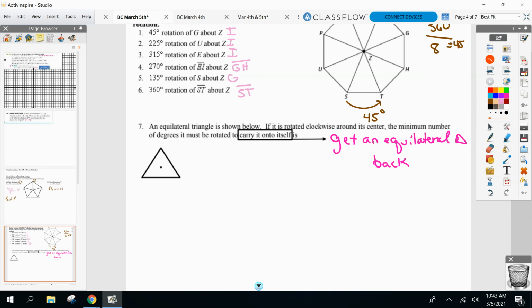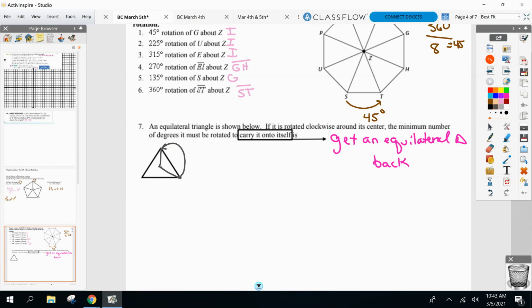So let's think here. How many degrees would it take me to go from this vertex to that one? Because if I just go from that one to that one and turn it, it's the same equilateral triangle. Which is the same as if I just drew in this angle right here. Radhika, thoughts?